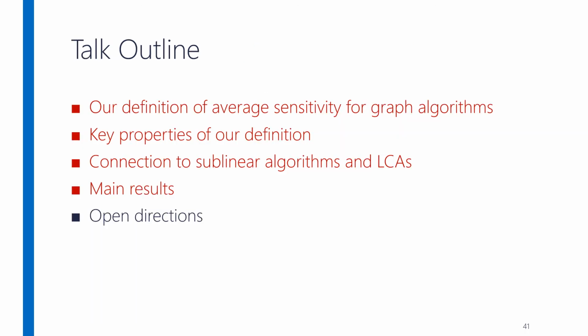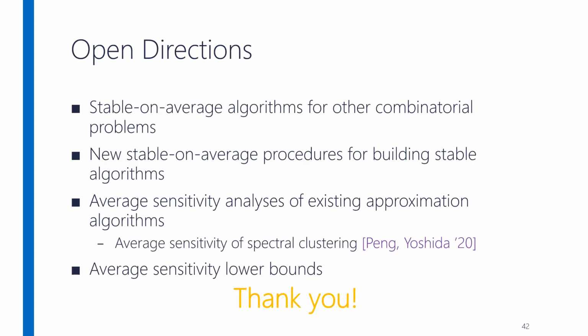I will conclude the talk with some open directions. Average sensitivity is a new definition, and there are a lot of open questions that need answering. From the perspective of LCAs, the most interesting direction to pursue is to prove lower bounds on average sensitivity.